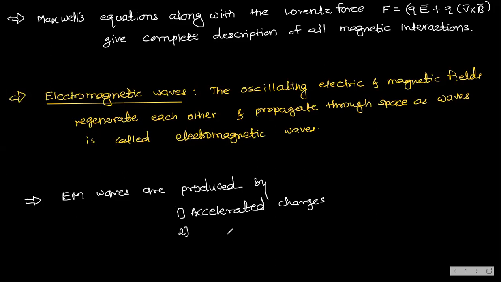Next one, oscillating dipole will also produce electromagnetic waves. And third one, charge in circular motion.